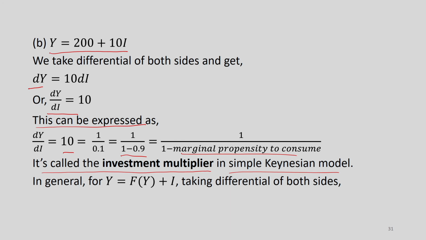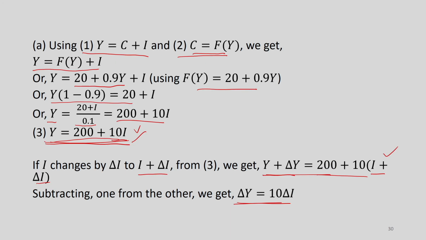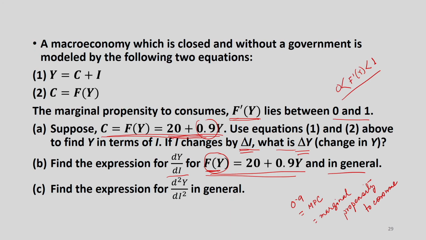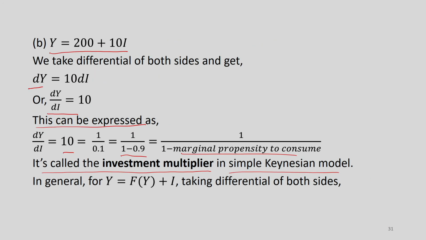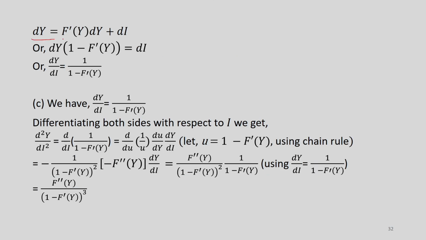But this was the case where the consumption function had this particular form, right. The form was 20 plus 0.9 y. But suppose I take a general consumption function f of y instead of this linear form, then what do we get? This is what I get by taking the differential of both sides.